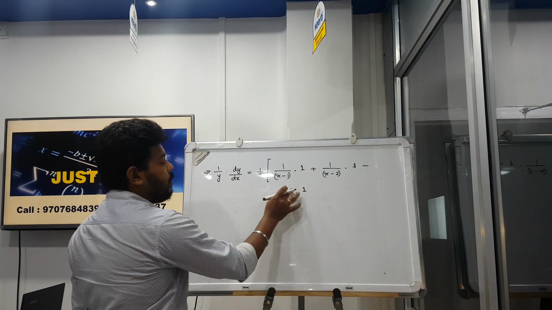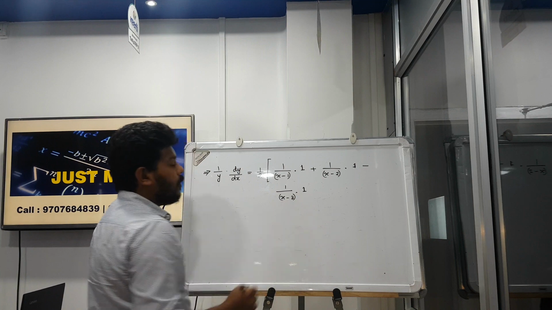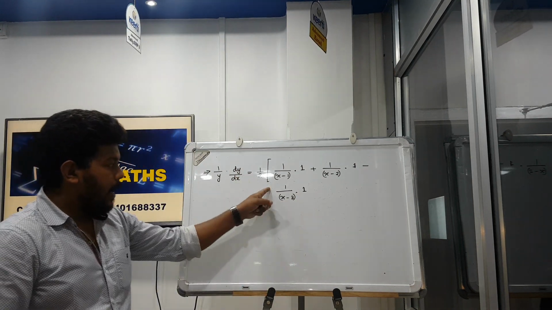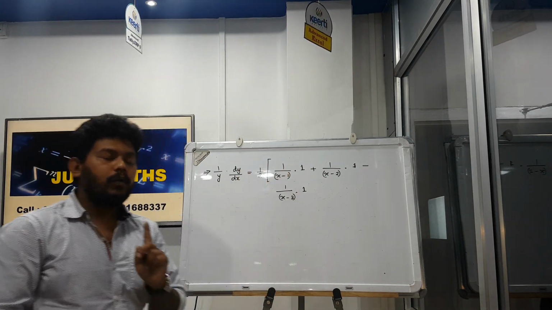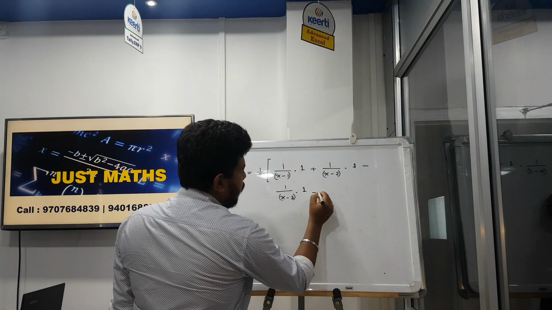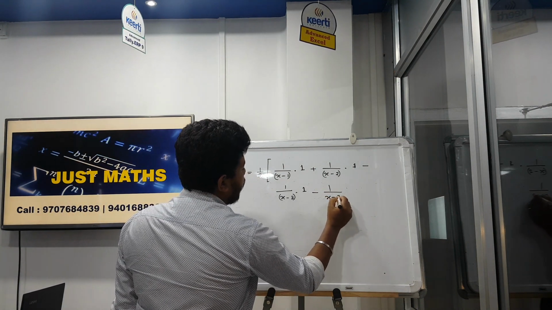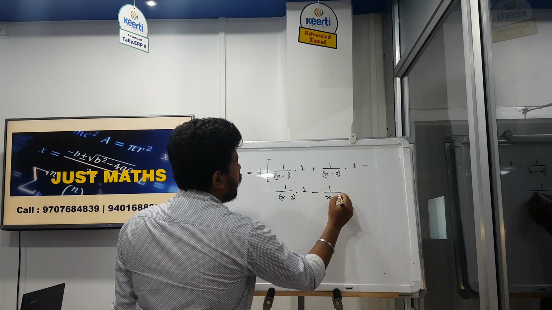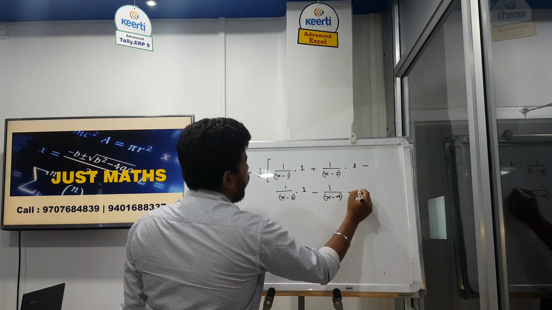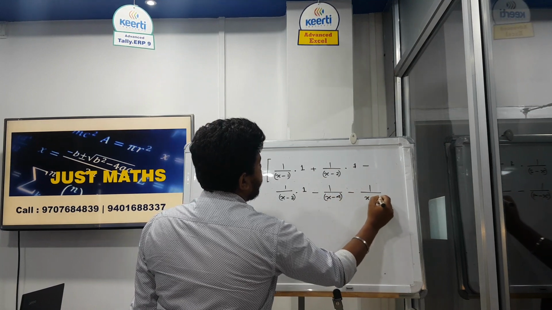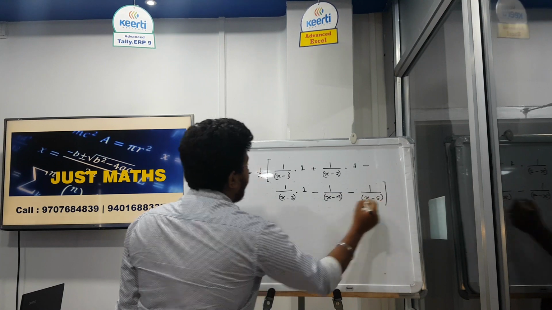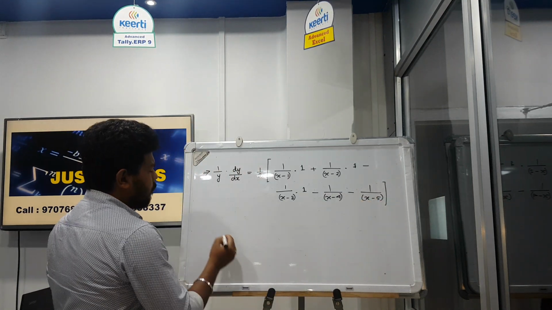Whenever you differentiate any linear equation like x plus k, their derivative is 1, minus 1 by x minus 4, minus 1 by x minus 5. No need to multiply 1 every time.